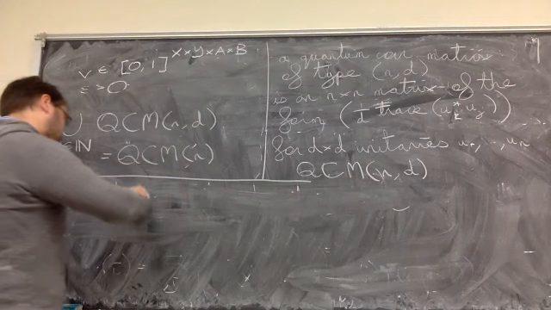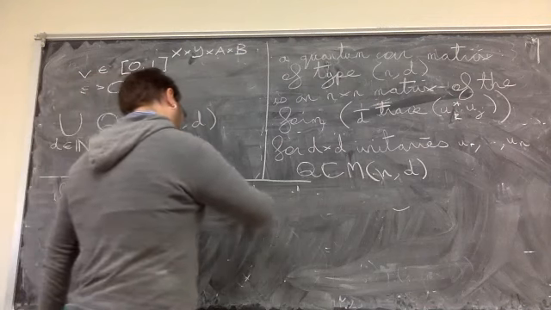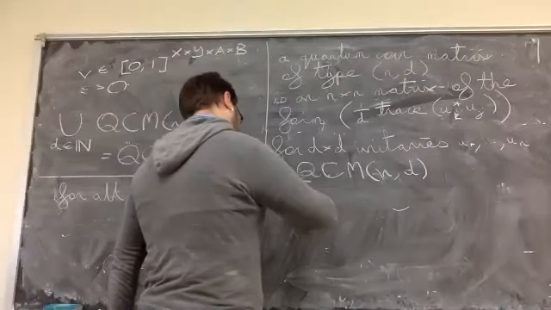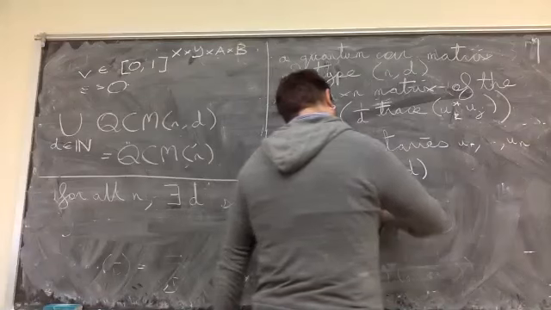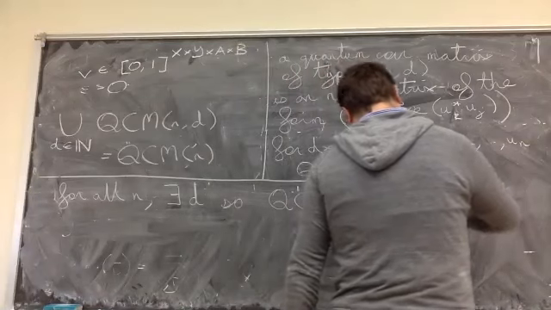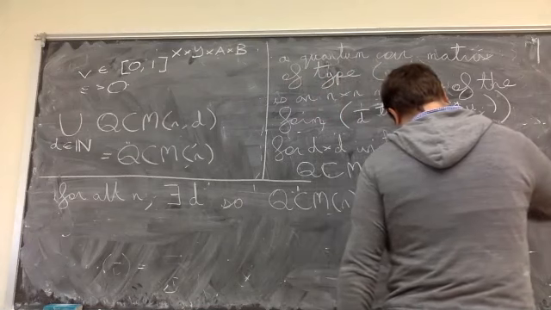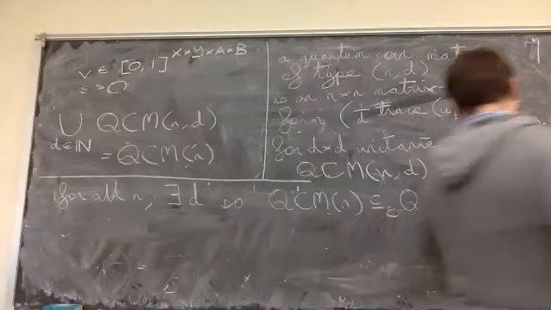For all n, there exists D, so QCM n is epsilon contained in QCM D, or ND.